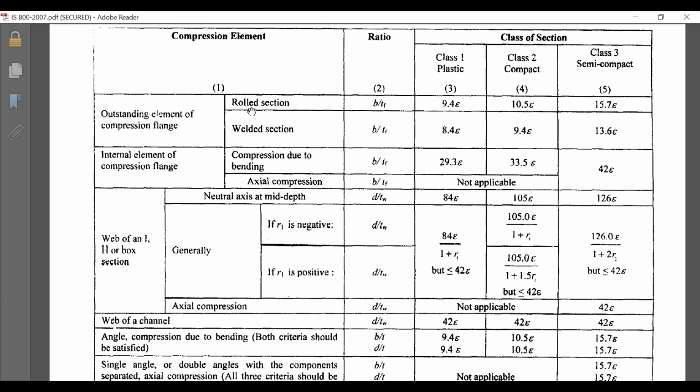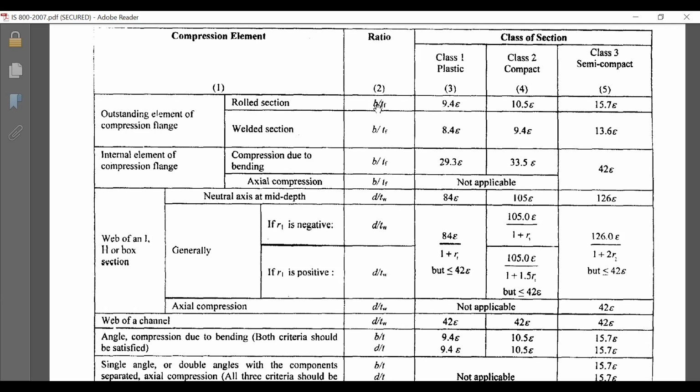Since it belongs to rolled steel I section, you can see here the rolled section. You have the condition B by TF, and you have to find out the B by TF value. If B by TF is less than 9.4, then it belongs to class 1.